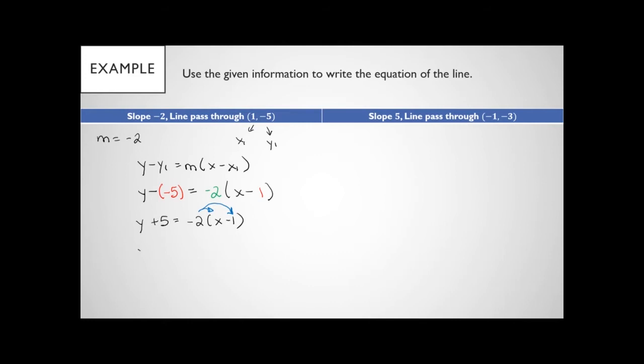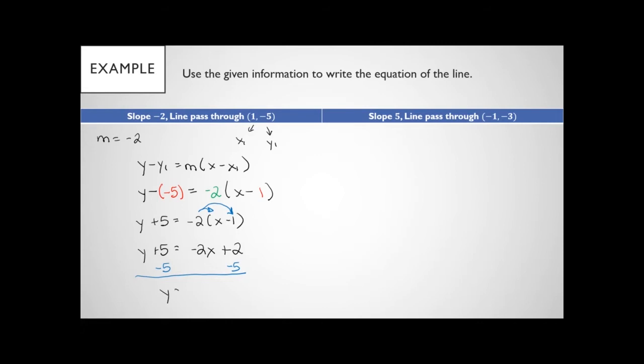So that gives us on the left y plus 5. And then we get -2 times x. And then -2 times -1 is a +2. So you get -2x plus 2. And we want this in slope-intercept form, so we subtract 5 from both sides so that it's solved for y.